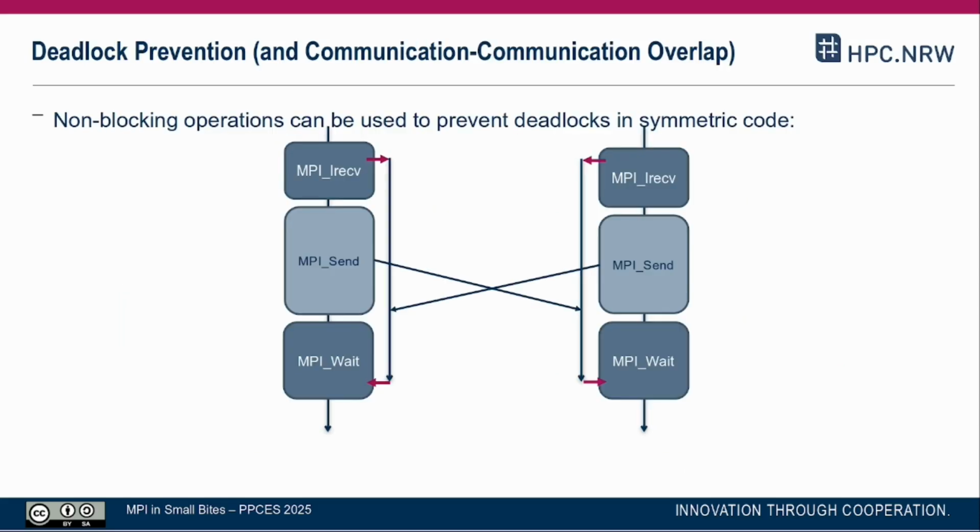So how can we use this to our advantage to prevent the deadlock? We had the problem that we had the send before the receive, and depending on which implementation was chosen, if we have a synchronous send, we will wait for each other and create a deadlock. The problem was that the send will not match with the corresponding receive. The receive was not posted, but we also couldn't post the blocking receive in advance. So what we can do now is post the receive. The MPI on the receiver side already knows, yes, I am expecting something here. Then I can post my send, and this send can now match with the posted Irecv, because the progress is done inside this MPI send, since progress is usually done as long as you are in some form of MPI function.